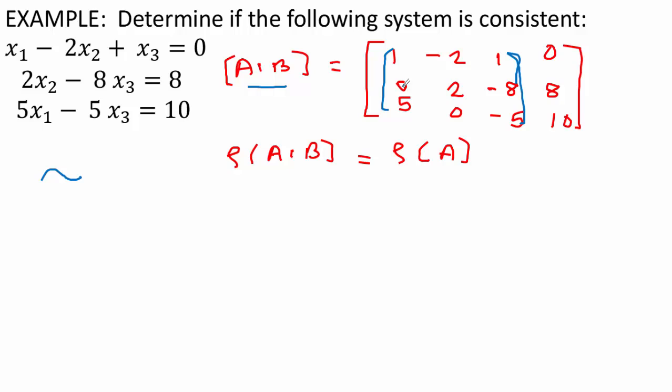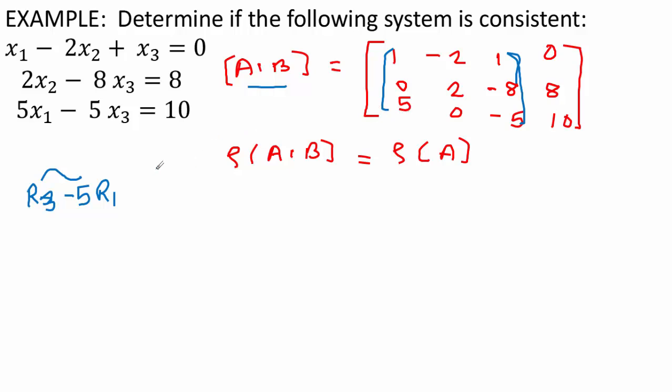But in the second row there is 0, therefore no need of making 0. In the third row, we have to make this 5 into 0. How can we make this 5 zero? We shall apply R3 minus 5 times R1. If we multiply the first row by 5 and subtract it from the third row, then this element becomes 0.